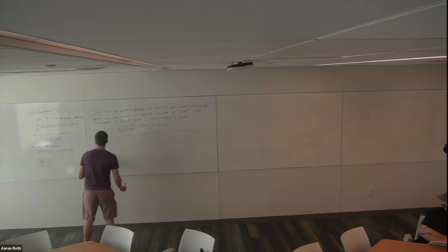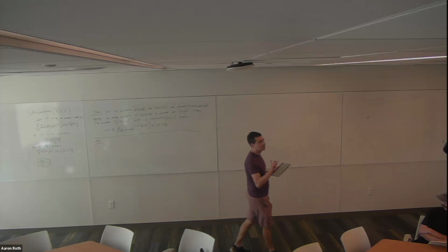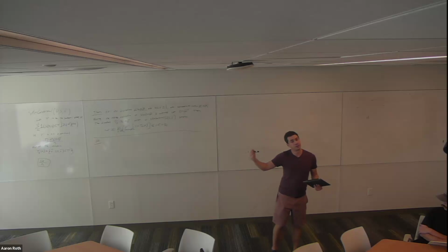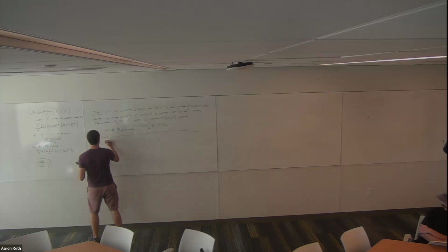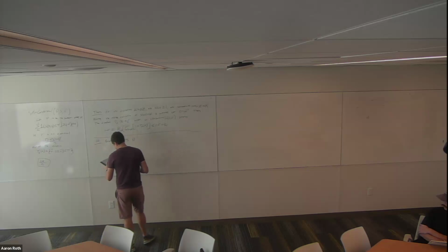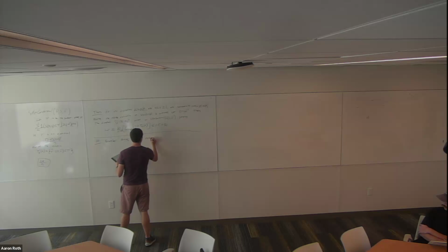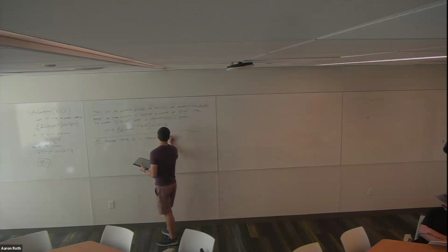And so what we can think about doing is sorting the points in our calibration set in increasing order of their non-conformity. So let's renumber each point in our calibration set in increasing order of their non-conformity score.